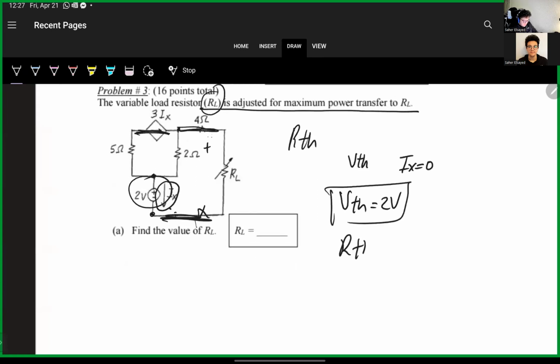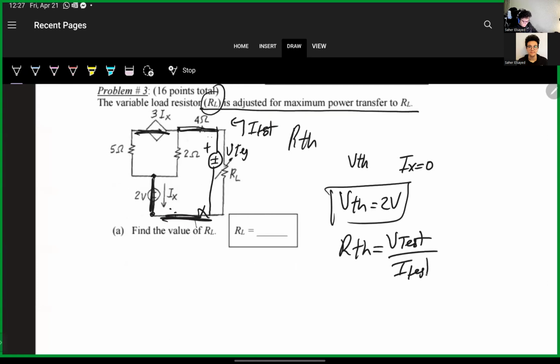R Thevenin, you're gonna apply the test here. You're gonna short this, apply V test and figure out I test. R Thevenin is V test divided by I test, correct? And so V test over I test. Okay. So what is V test? The voltage across here.